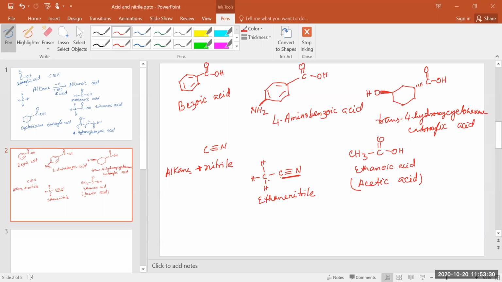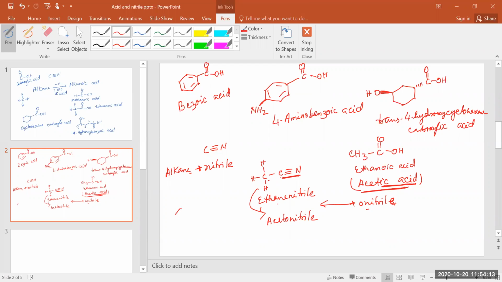In this case, we can name this one here: just remove the E and ic acid and add o nitrile. With the general name, ic acid is removed and o nitrile is added. So what will this molecule be called? Aceto, two carbons, acetonitrile.